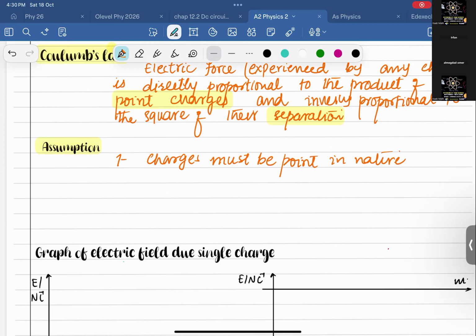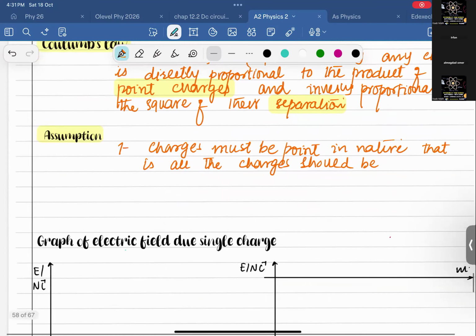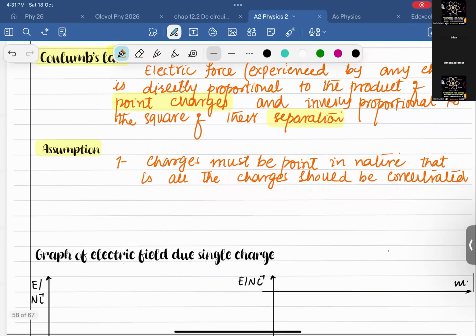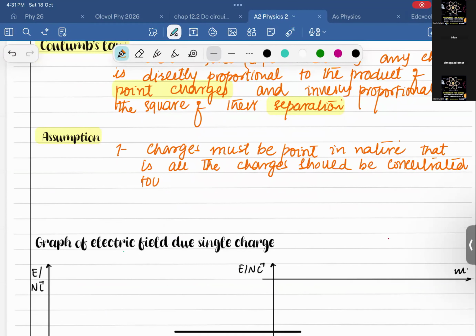This is the first thing. And point in nature means that all the charges should be concentrated toward the center.